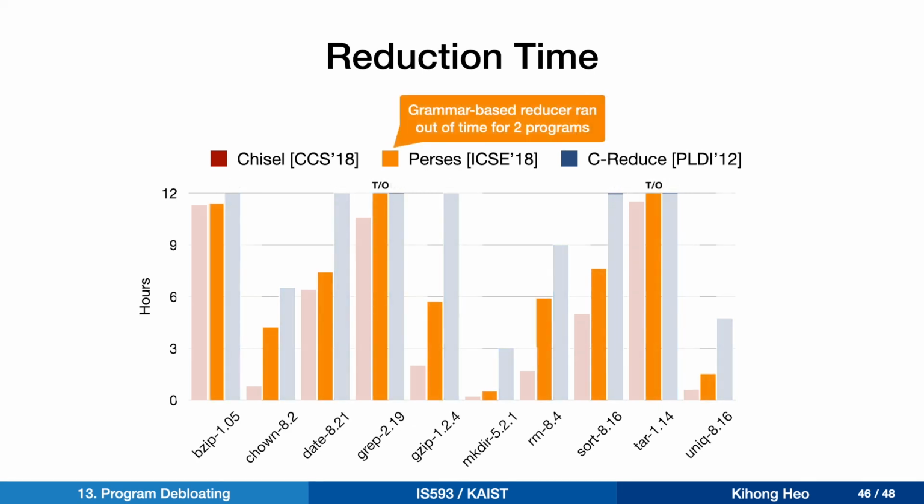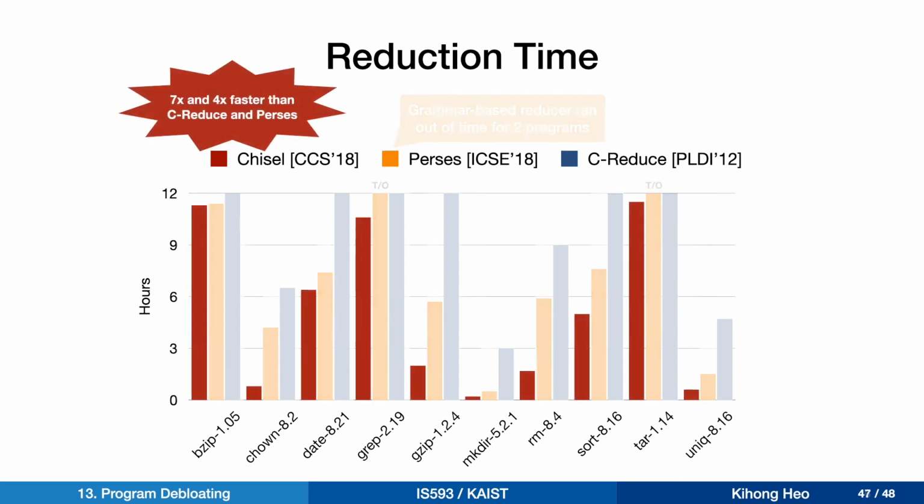Next is Perses, a grammar-based reducer that rules out a lot of syntactically invalid candidates, but still ran out of time for 2 programs because of a lot of semantically invalid candidates. But Chisel could reduce all the programs within 12 hours, and 7 times and 4 times faster than the baseline reducers, respectively.